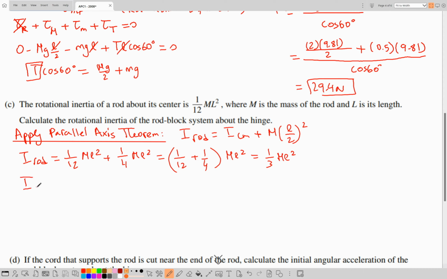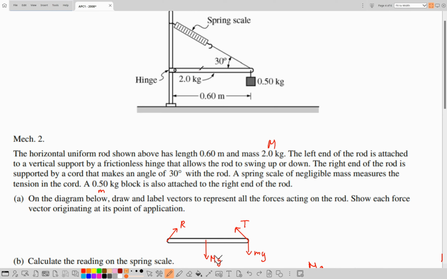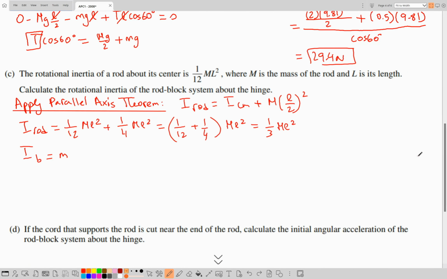Now for the block, let me say I of the block would be simply the mass of the block, which is small m, times the distance from the hinge to the block itself, which is the complete L, then L². And in this case, we know that the rotational inertia is an additive quantity.